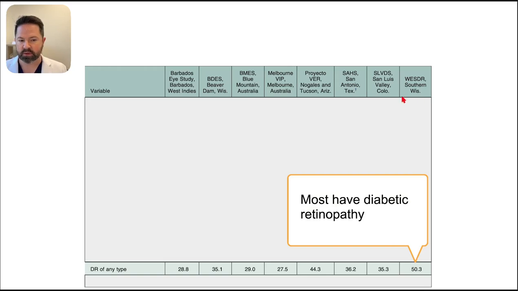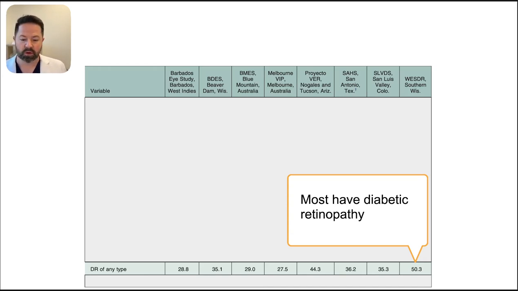In one study that was conducted in Wisconsin, about half of participants who had diabetes had diabetic retinopathy, but in these other studies, the range went from approximately as low as 27% all the way to 50%. There are an estimated 30 or 40 million people in the United States at least with diabetes.